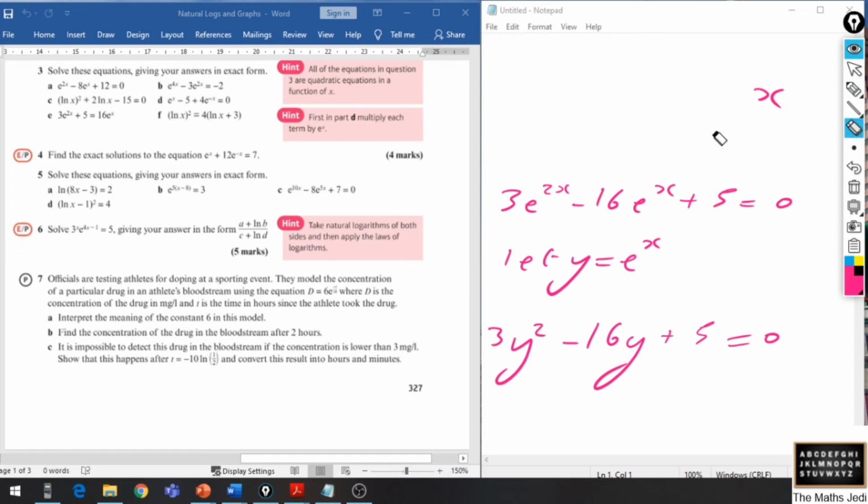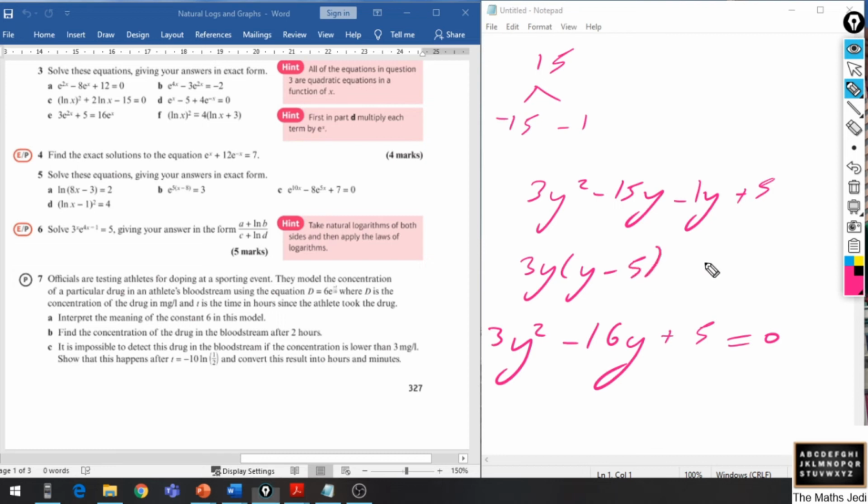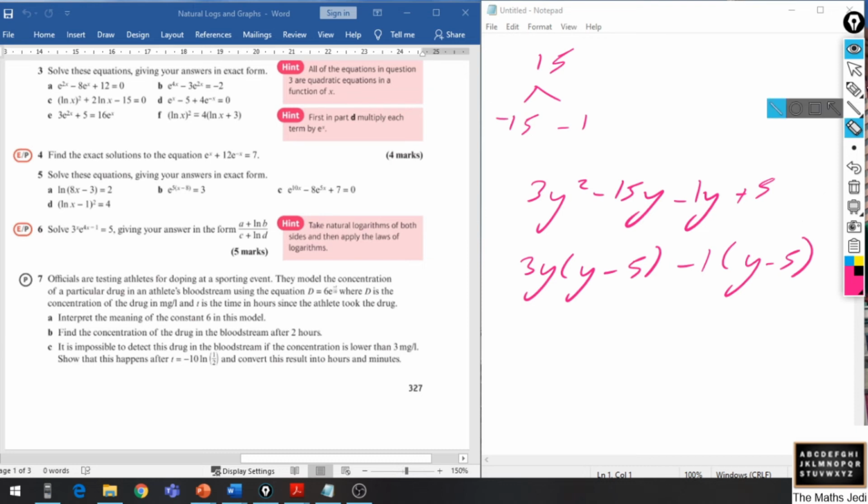Just got to make sure you can factorise the quadratic effectively. So, just going through and factorising this.